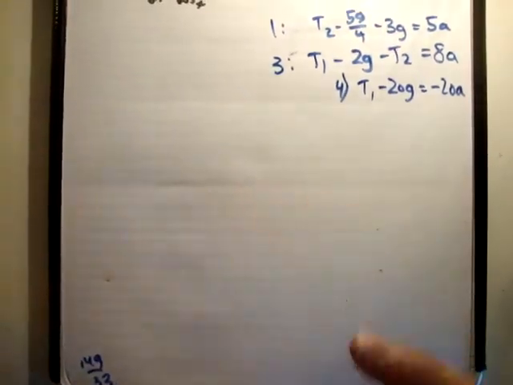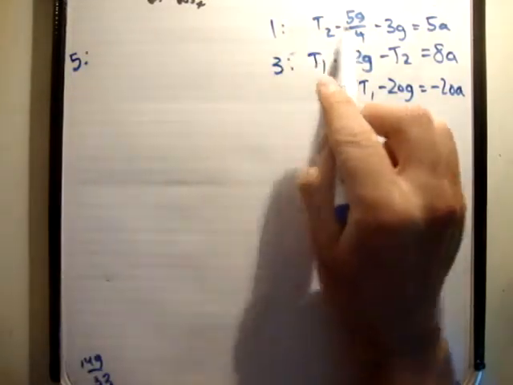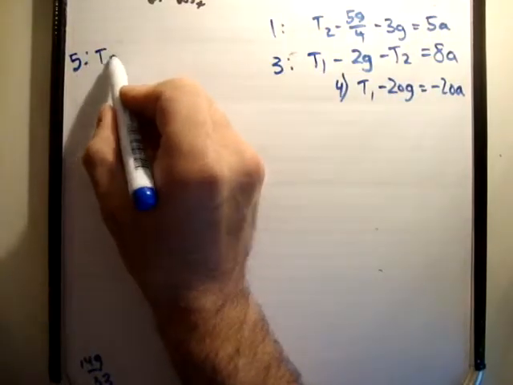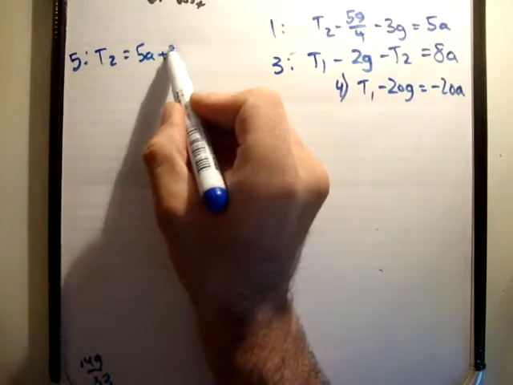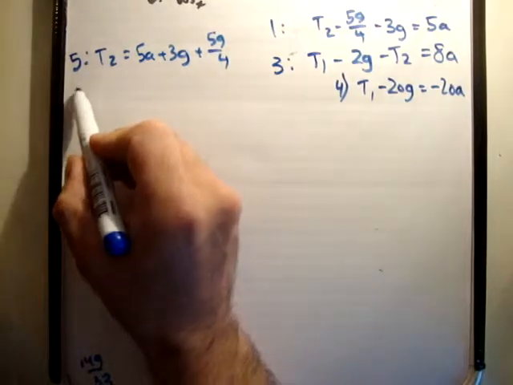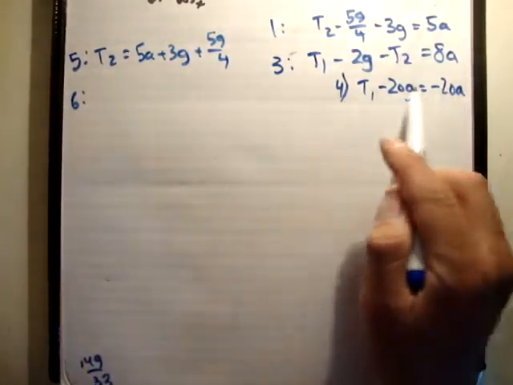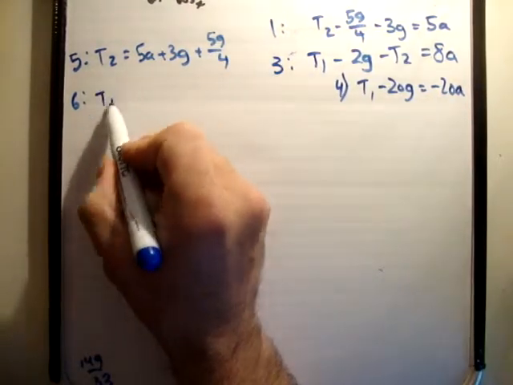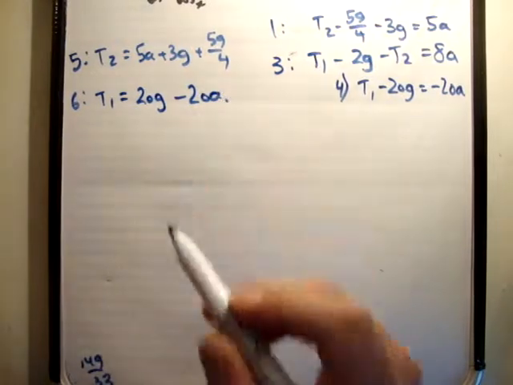So let's get that equation. Equation 5: looking at equation 1, we have T2 is equal to 5a plus 3g plus 5g over 4. And equation 6, I'm going to take from here: T1 is equal to 20g minus 20a.